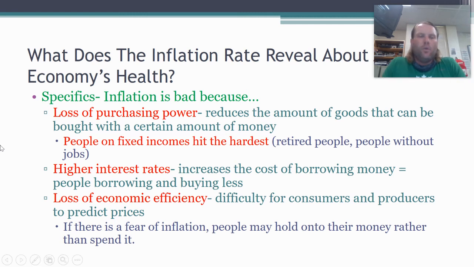All right. We have higher interest rates. We mentioned that. And if we can't trust the economy and we can't trust that stability, we lose some efficiency, and people kind of rush to buy stuff. There's been a few instances in the course of the last 25 years or so where there's a fear of a gasoline shortage, and that idea that gasoline's going to run out or prices are going to go really high really fast, and so people rush to buy gas, right?